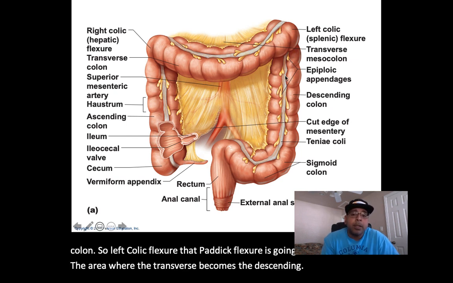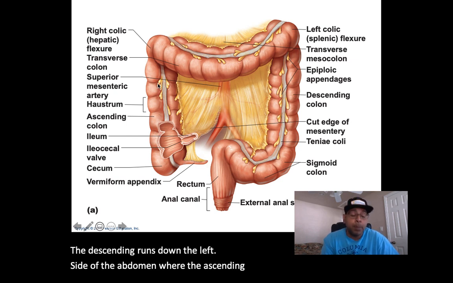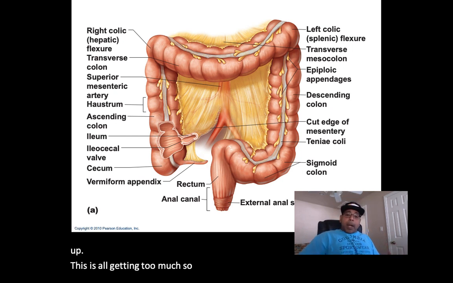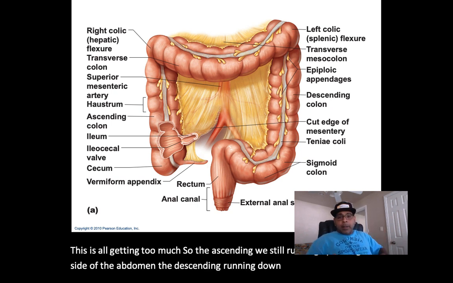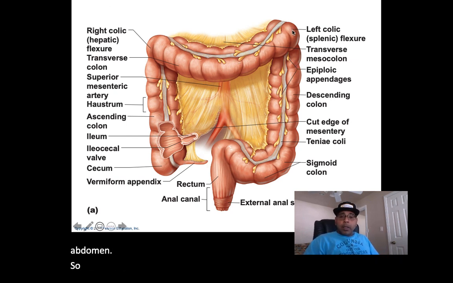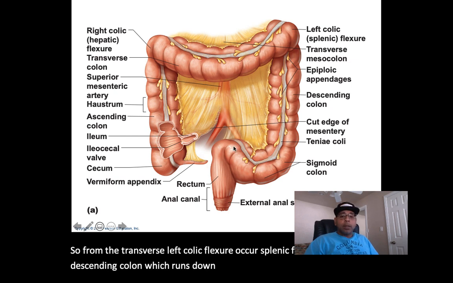The ascending ran up the right side of the abdomen, the descending runs down the left side of the abdomen, which then becomes sigmoid. Sigmoid, anything S-shaped. So sigmoid colon, leading us to the rectum, which then leads us to the anal canal.